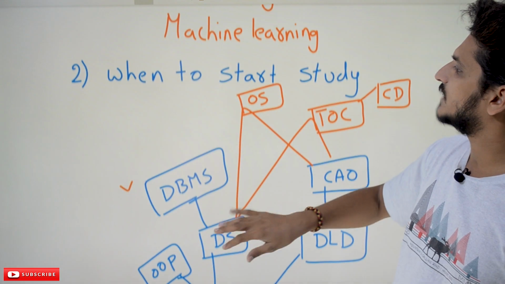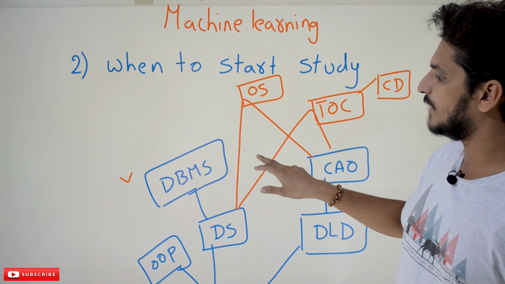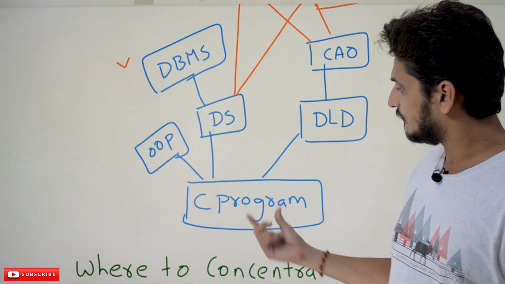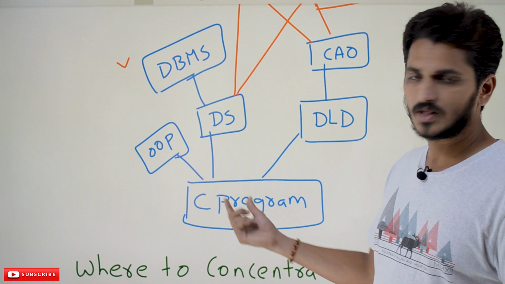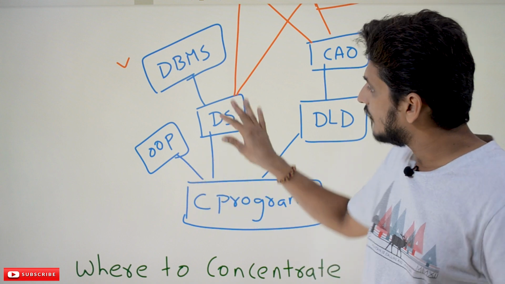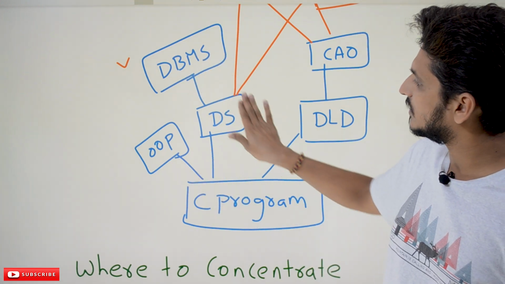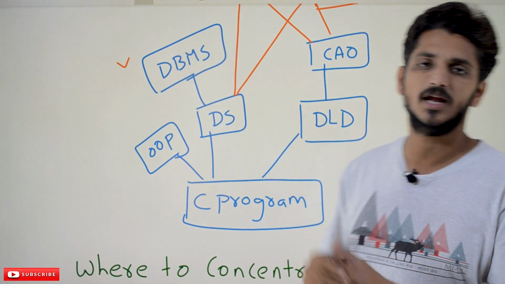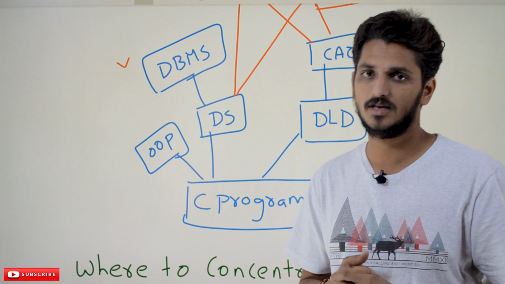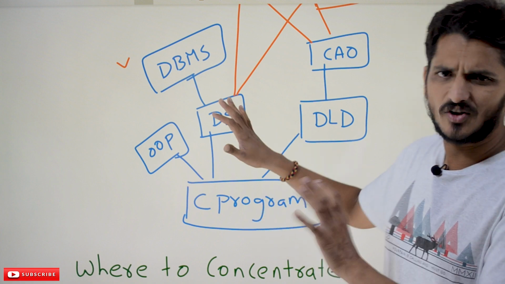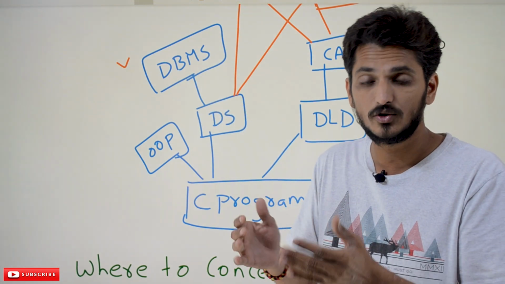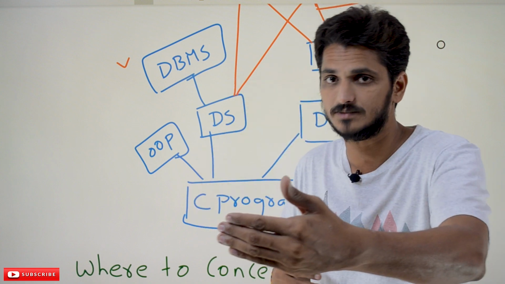And coming to the second point, when to start studying database management system. In our last videos, we clearly discussed that the first subject you are going to study is C programming, then you go for data structures to improve your coding skills. After completion of data structures, you can start studying database management system. And one important point you have to understand here: it is not at all related to the subject called data structures. There is no way it is going to help you in understanding database management system.